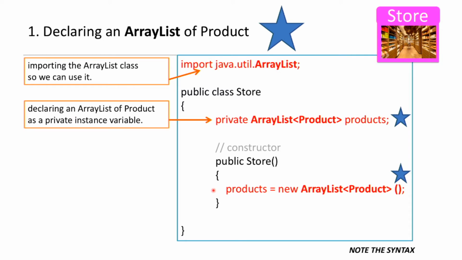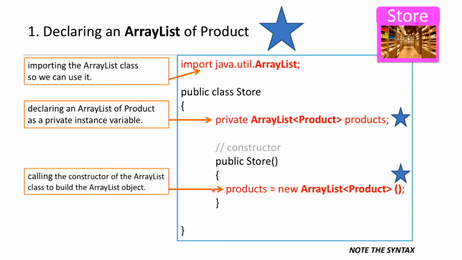Here we have products, which is an array list of product. It's a private instance variable, which means only methods within this class have access to it. And then here we're calling the constructor of the ArrayList class to build the ArrayList object.